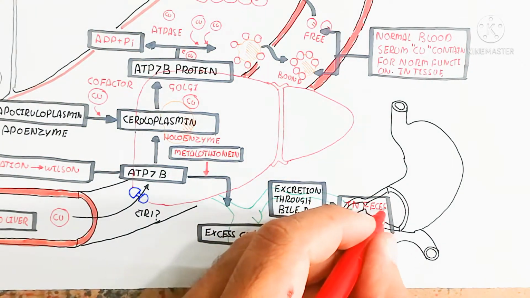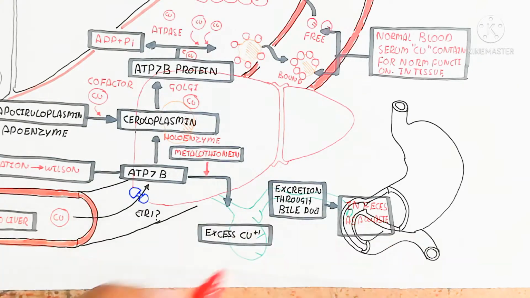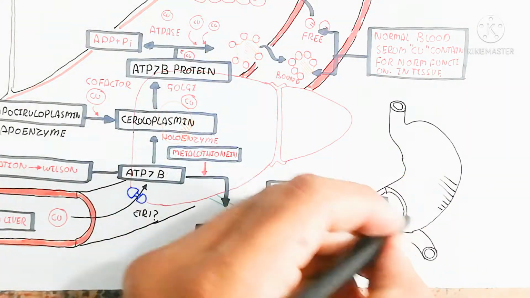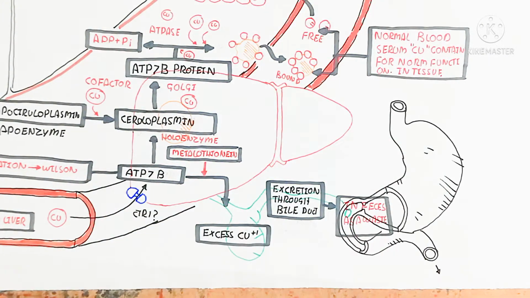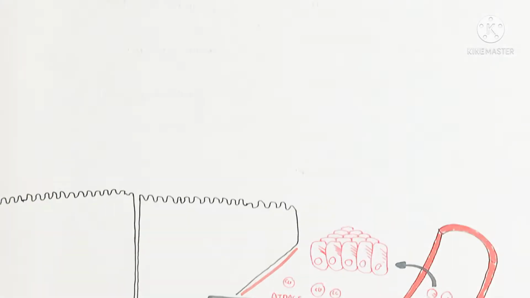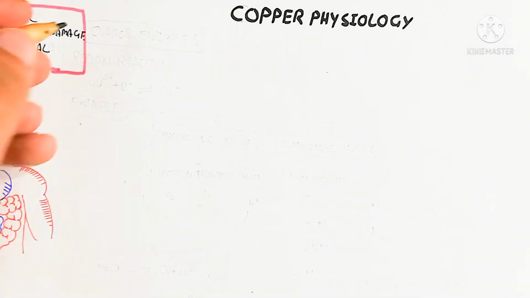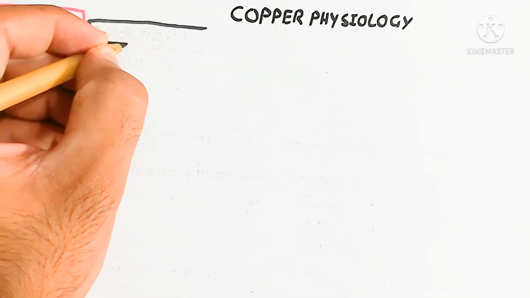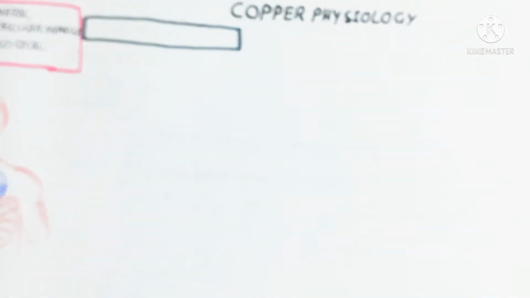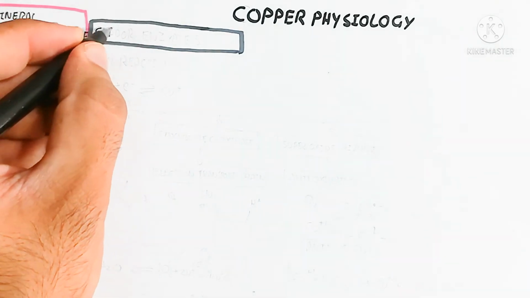So that means the excess copper, as a waste, will be released into the bile and into the duodenum from the bile duct, and then it will be excreted. So this is the excretion mechanism.